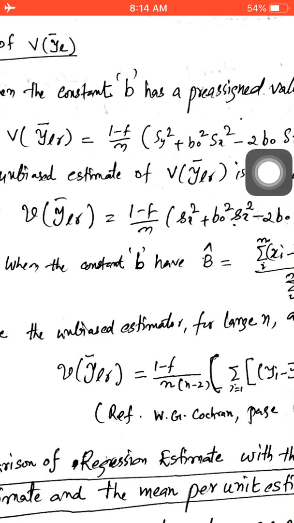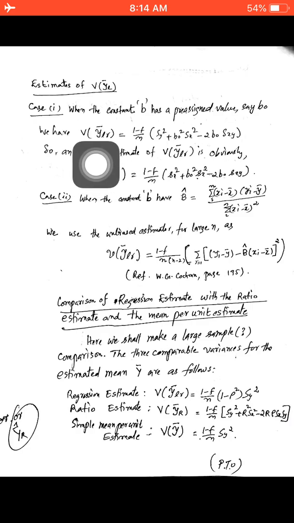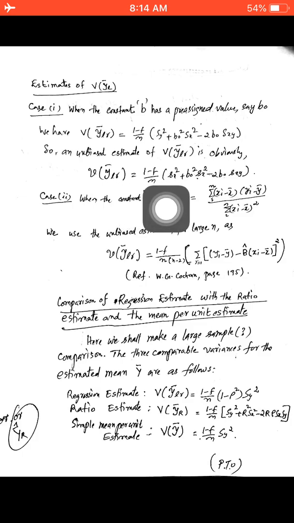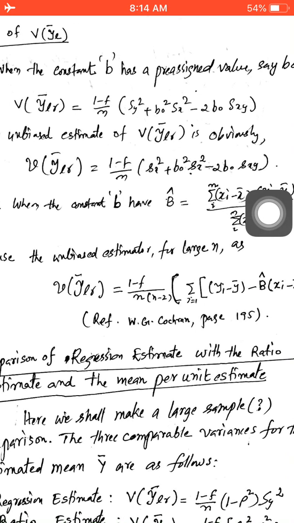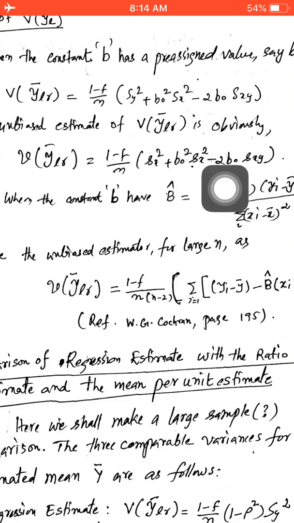So it is not difficult to find an unbiased estimator for this variance, which is the variance of y bar LR, that is small v, equal to 1 minus f by n into small sy square, small sx square plus etc.